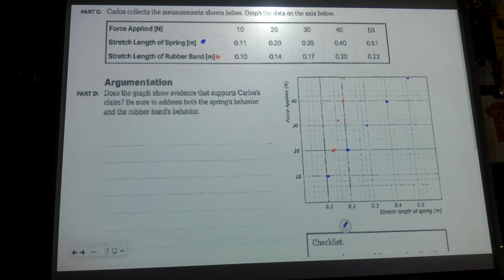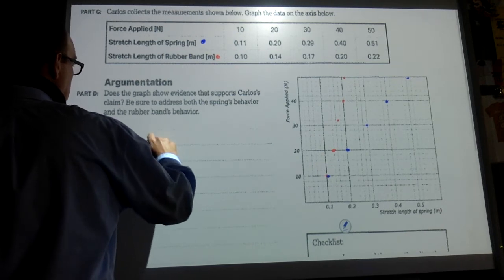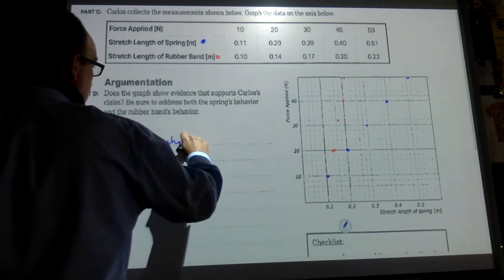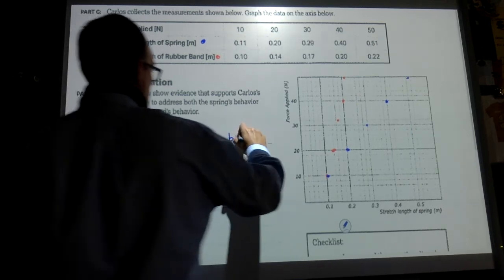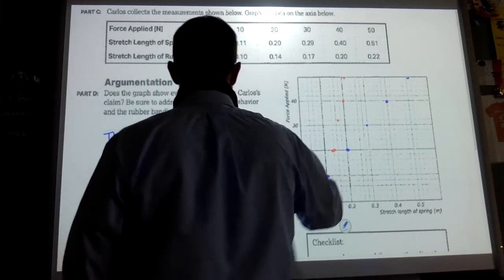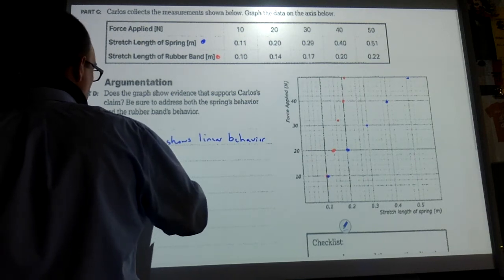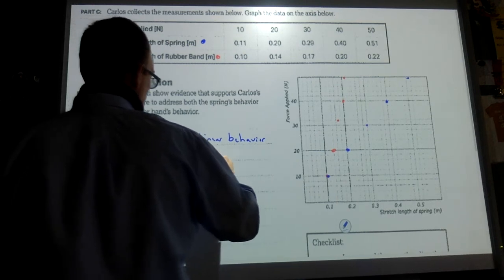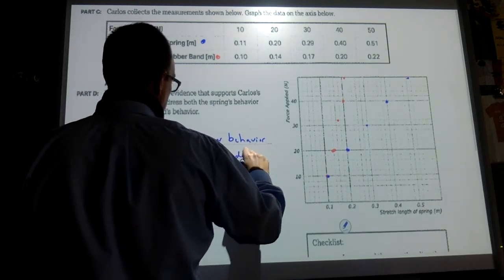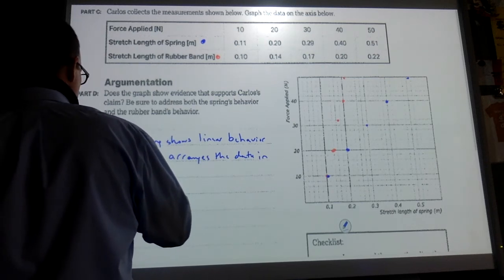So which one is showing linear behavior, or both of them? The spring shows linear behavior. The graph arranges the data in a line.